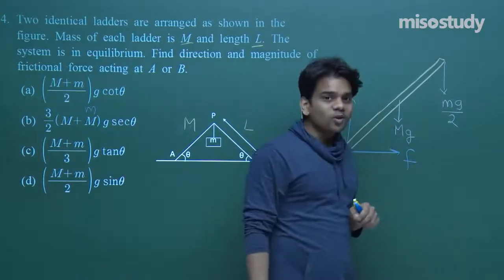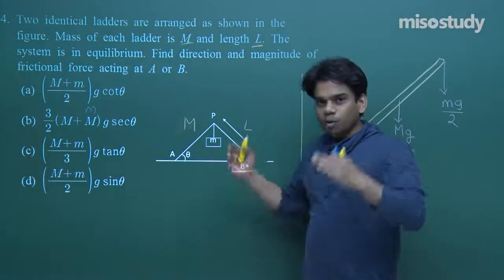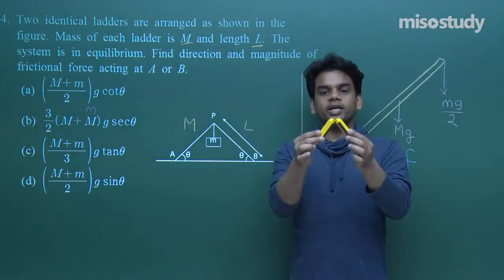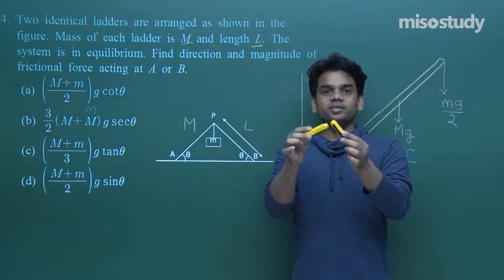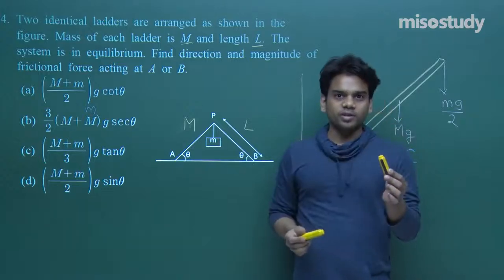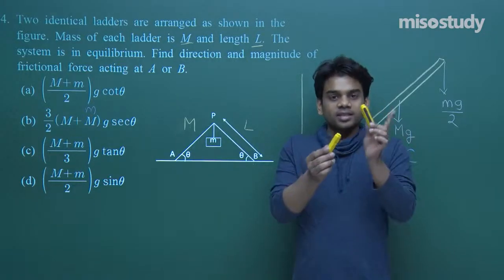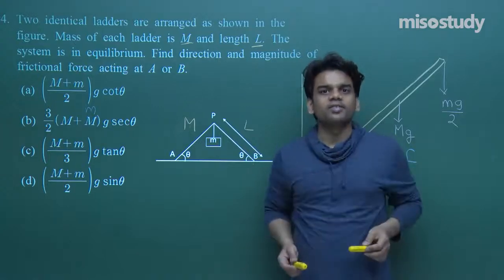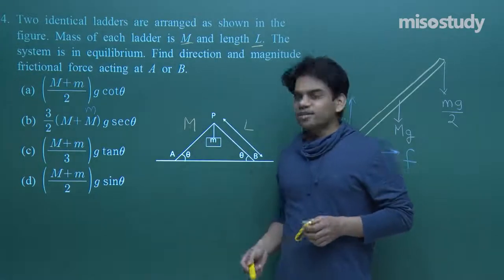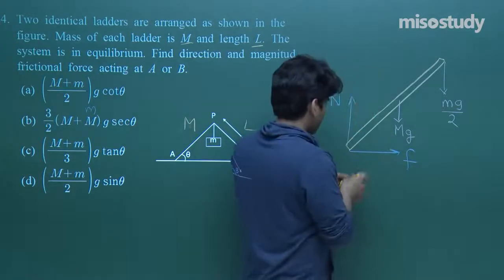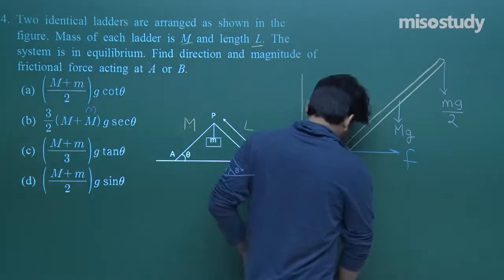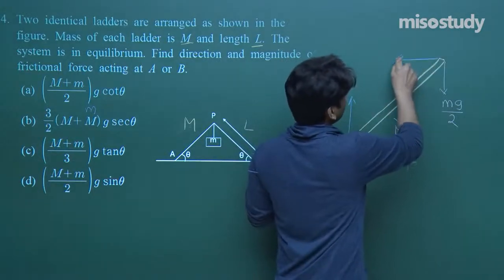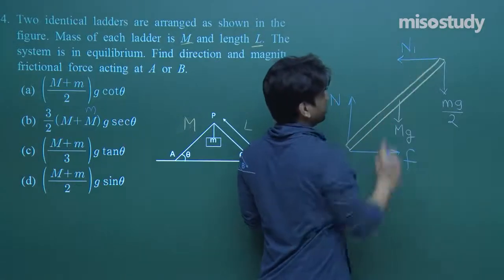Now let's talk about the normal reaction due to the other ladder. Both ladders are in this way. I will show you a diagram. These are the chalk holders, both ladders are this way. This ladder will be exerting a normal reaction on this along the right hand side direction, and this ladder will be exerting a force along the normal, along the left hand side direction. So for this ladder, the normal reaction that will be acting will be towards this end, as I am going to show you all here. Let me call this N1.